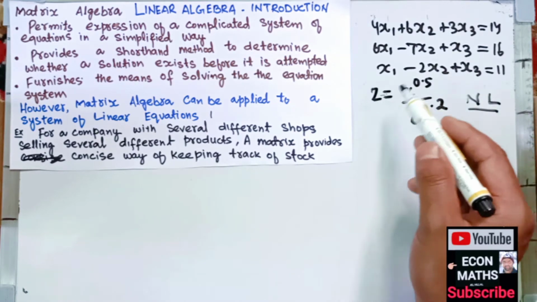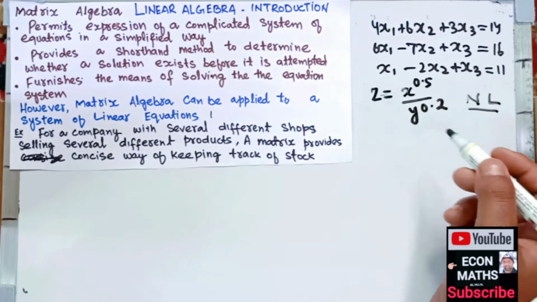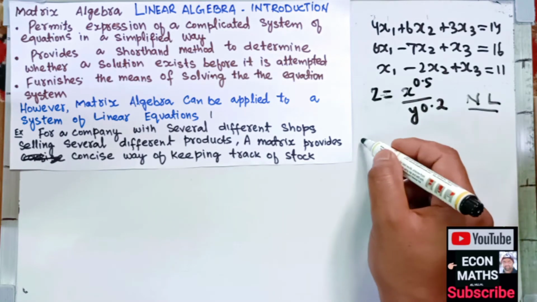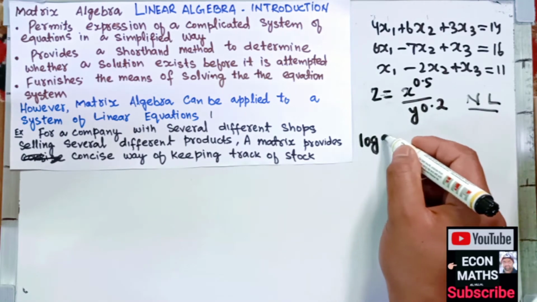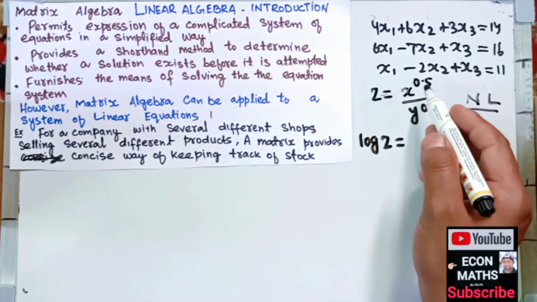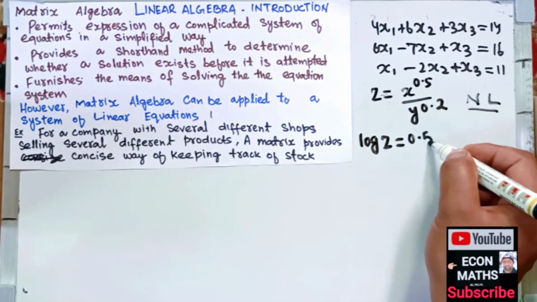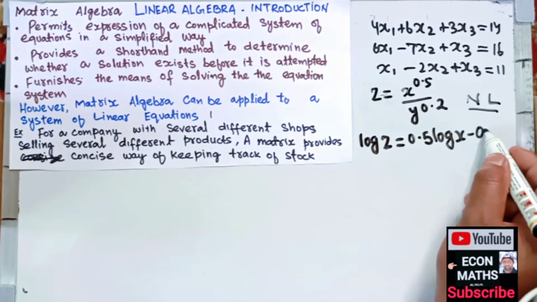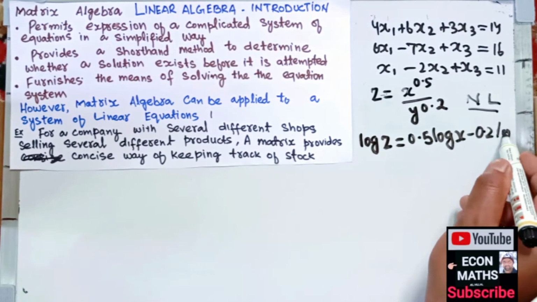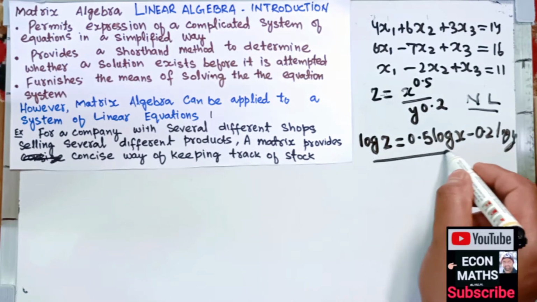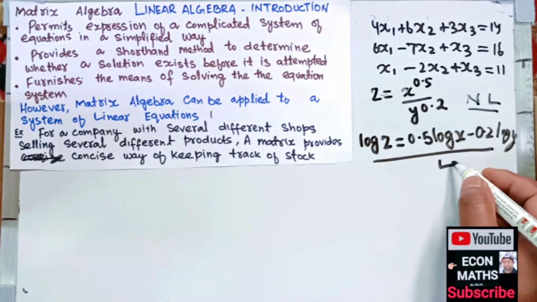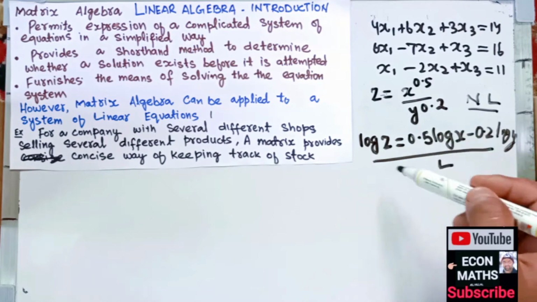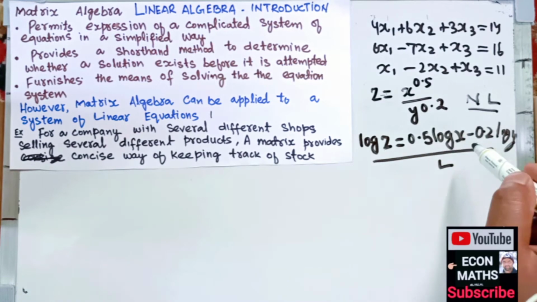We can convert this non-linear function into a linear one by taking log on both sides. That is, log of z is equal to 0.5 log of x minus 0.2 log of y. Now this is the linear equation. Now we can use the matrix algebra on this linear equation.